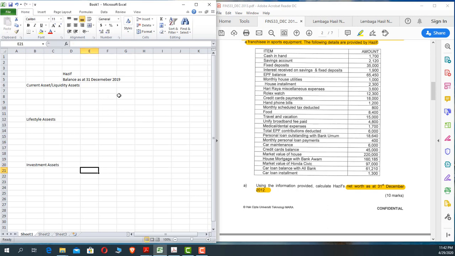Okay, so kalau dekat dengan liabilities, current liabilities, and then dia ada juga sama ada non current liabilities or long term.